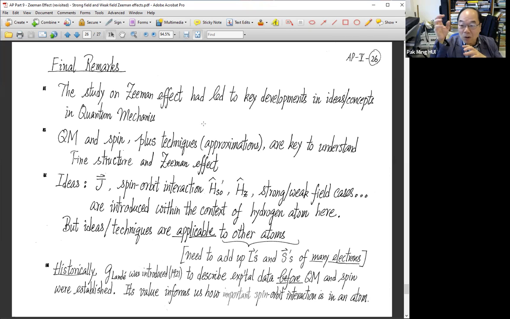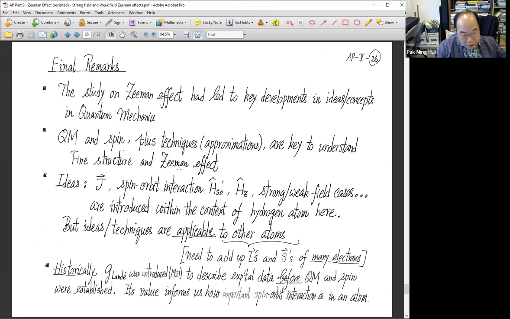And that also leads us to the fine structure, even in the absence of the field. Only after understanding that can we go back to have a more complete understanding of the Zeeman effect. So I think it's a good scientific story about the development of science and physics in particular. Okay?